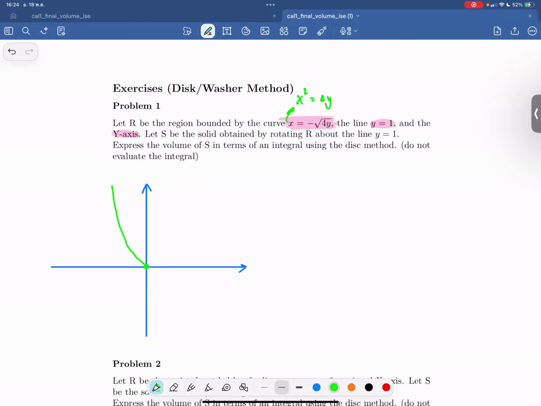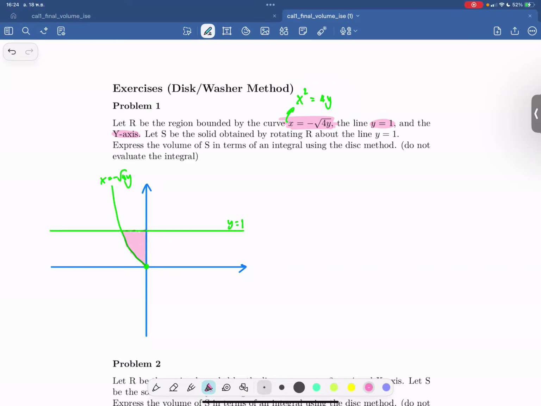Okay, and the line y equal to 1 should be over here. Y equal to 1. And then about the y-axis. So the area R is here.